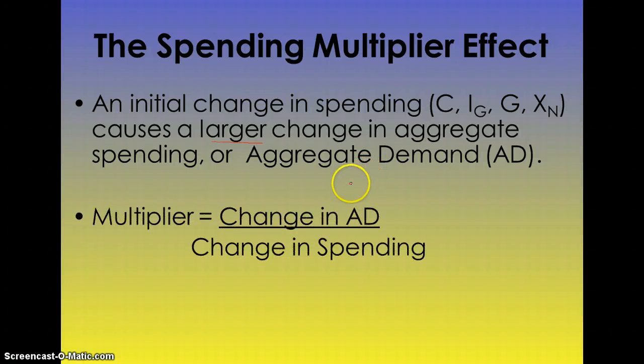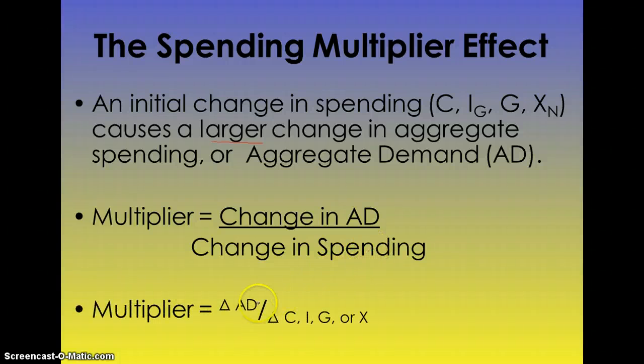So we can look at the multiplier as being that change in aggregate demand divided by a change in spending, or in other words, that change in aggregate demand divided by that change in one of those 4 spending components. All right, but we'll simply calculate it using the spending multiplier, which should be coming up next.